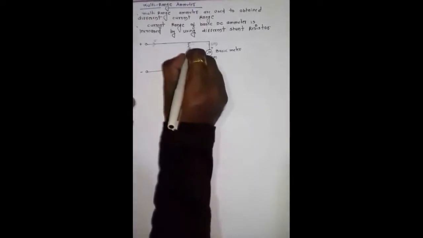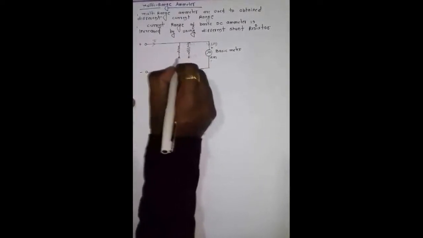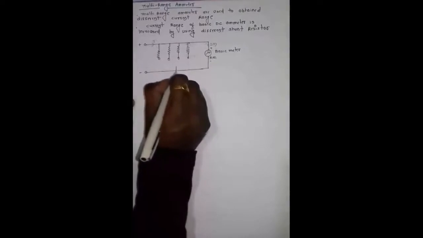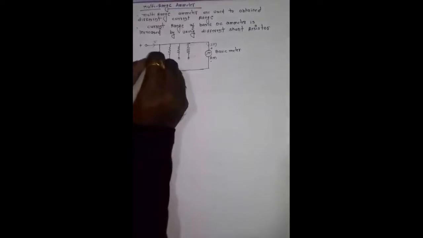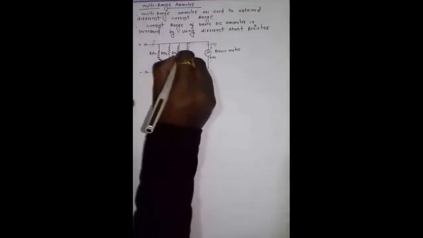If we increase the number of resistors: shunt resistor 1, shunt resistor 2, shunt resistor 3, shunt resistor 4, and so on.